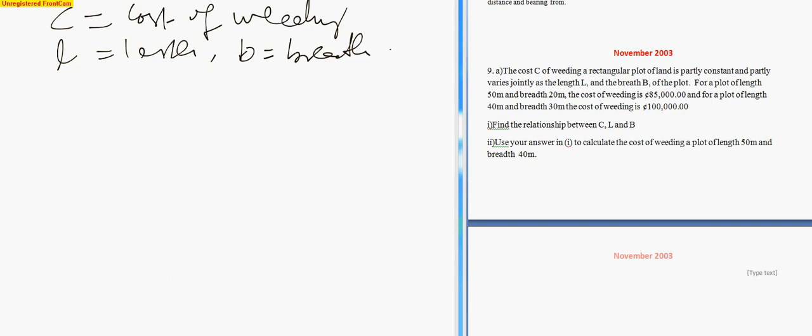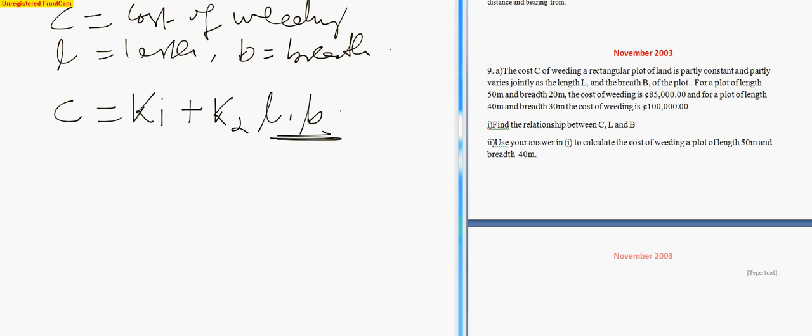So you can say that C is equal to K1 plus K2, because it says it varies jointly. Jointly means L and B are joined together and varied, so we are introducing the proportional constant so that we can use the equal sign.